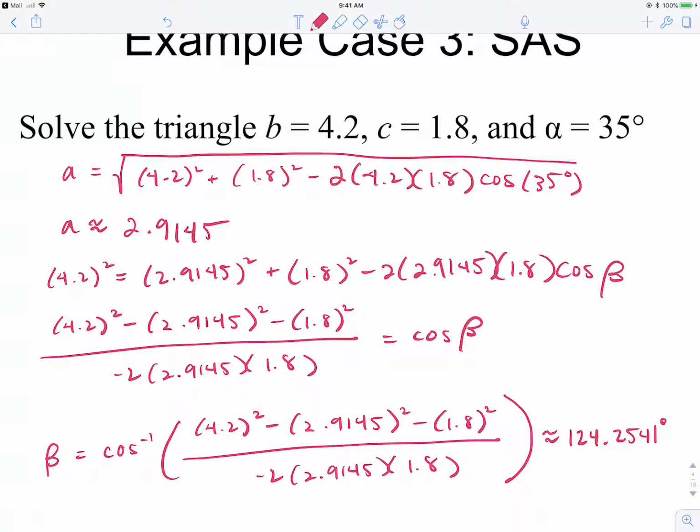So next example is another case of SAS. We have to solve for side C first.